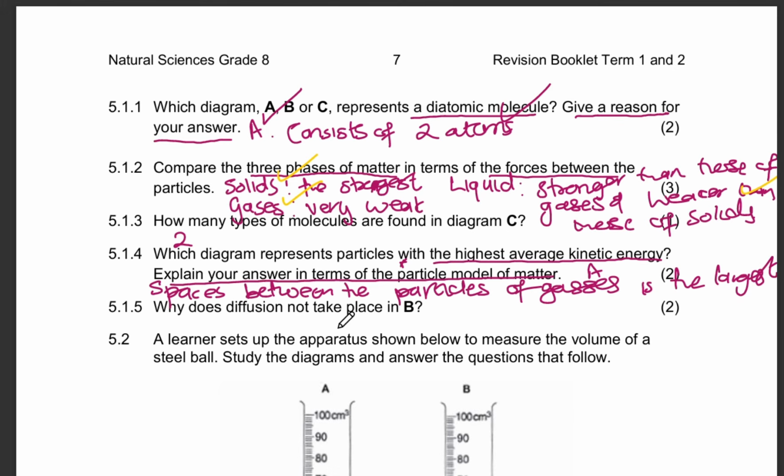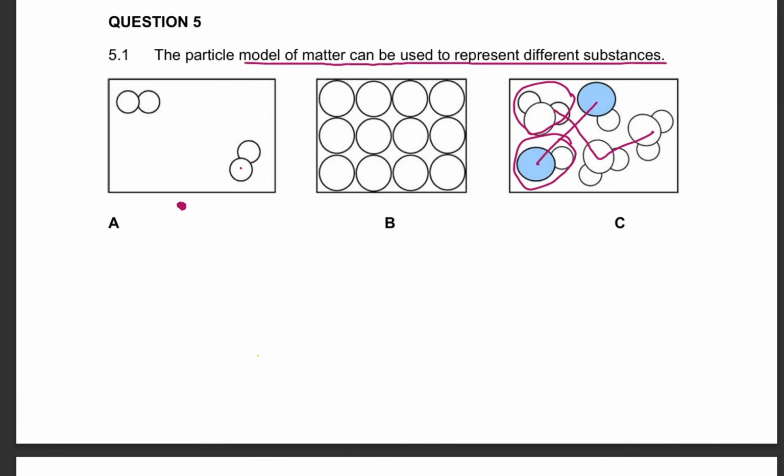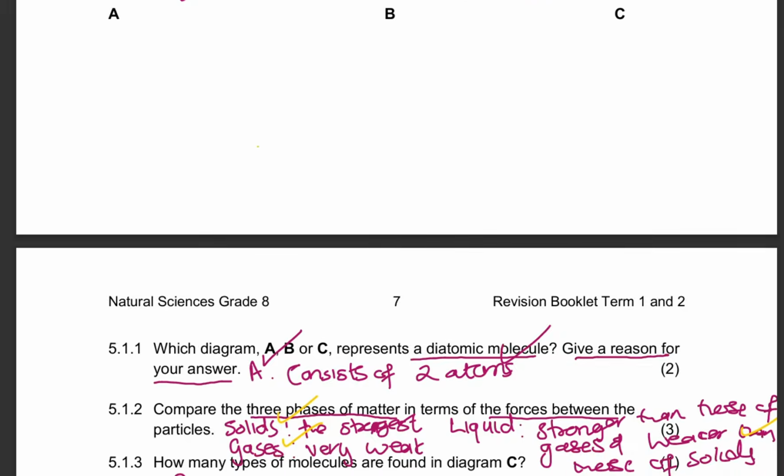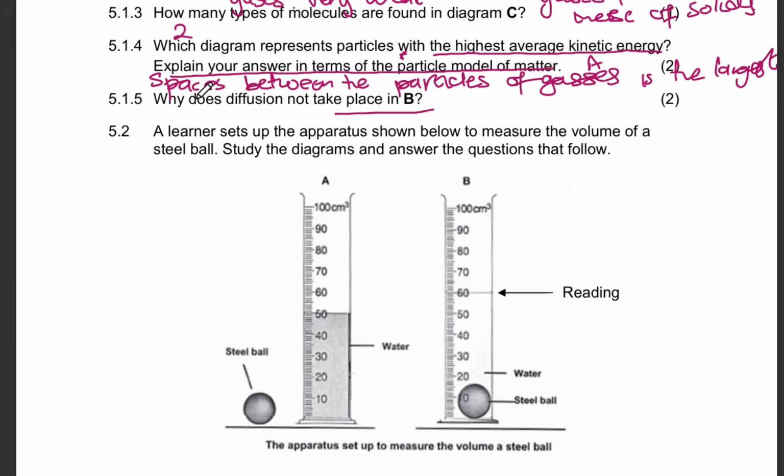Why does diffusion not take place in B? Let us scroll up and look at diagram B. Why does diffusion not take place in B? I think it's easy to identify that B is a solid, guys. So particles in solids do not move around.